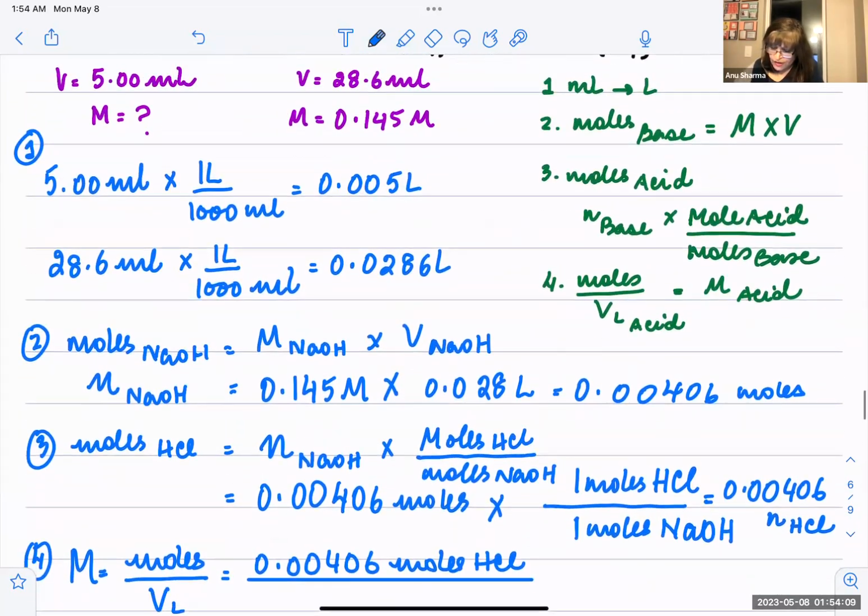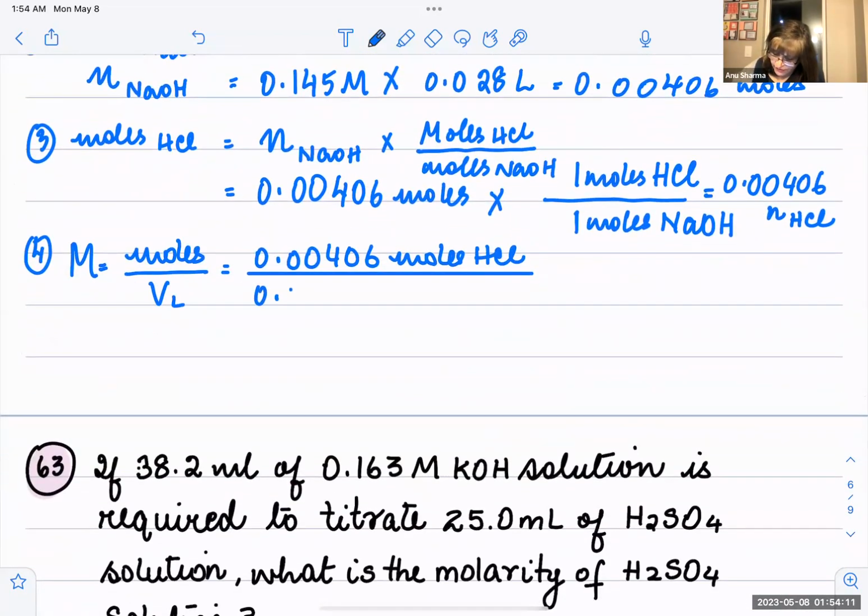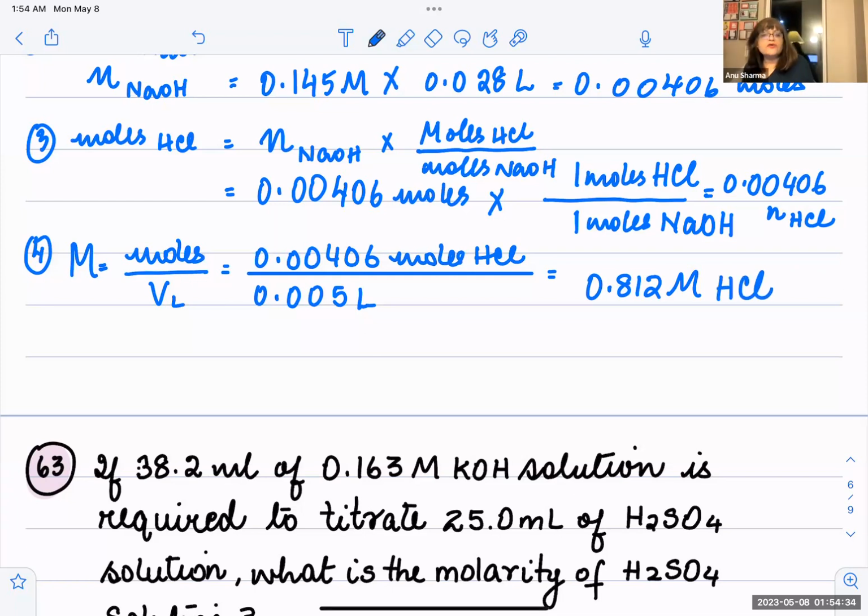The volume was 0.005 liters. Okay, so let's do this. Divide by 0.005, and this comes out to 0.812 M. That is the molarity of HCl in this reaction.